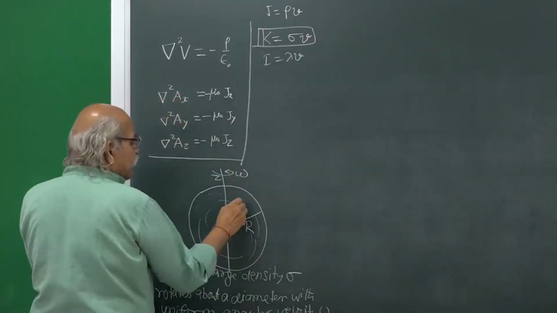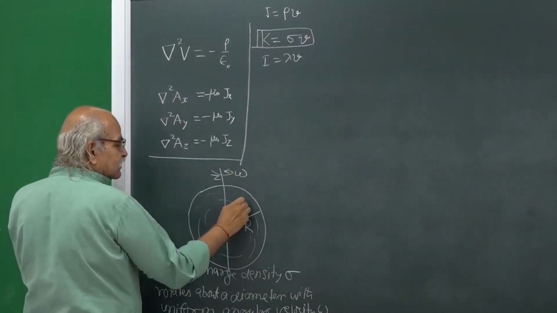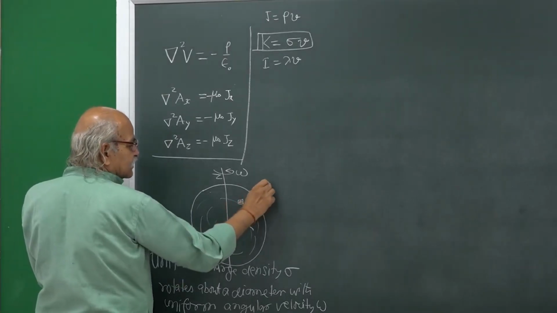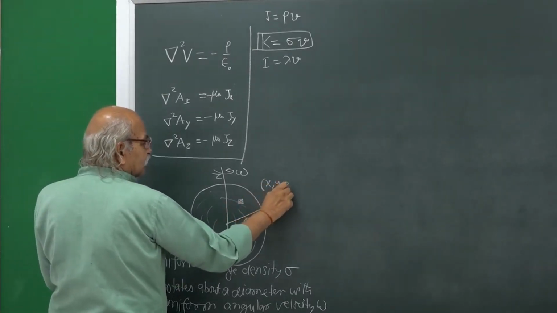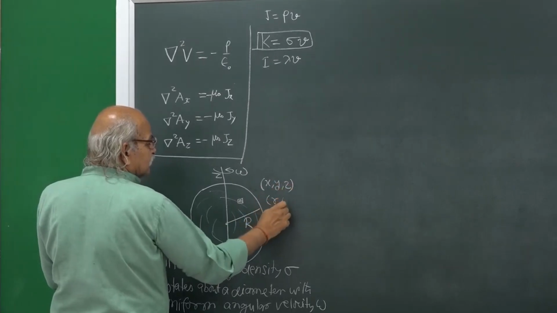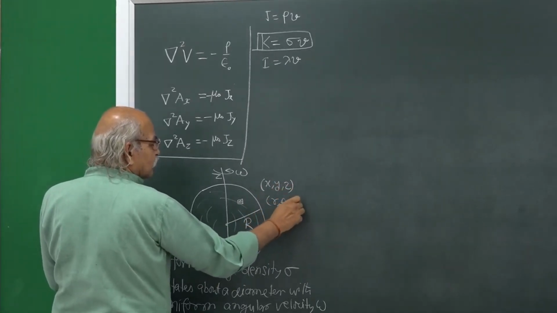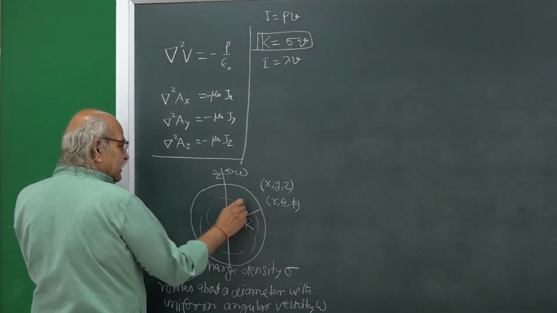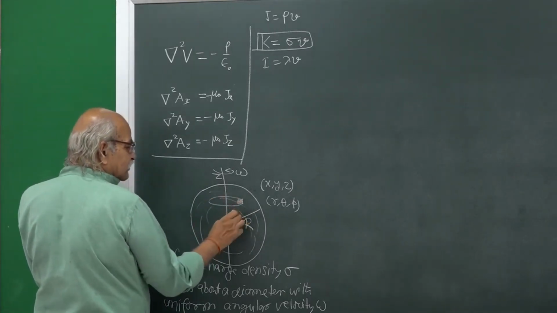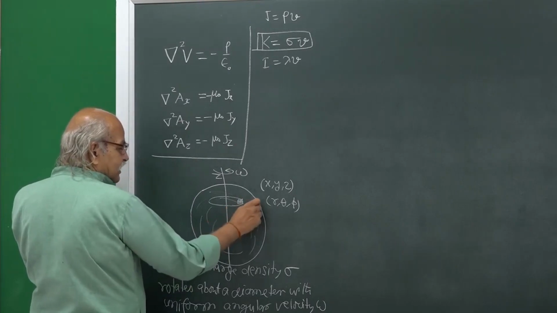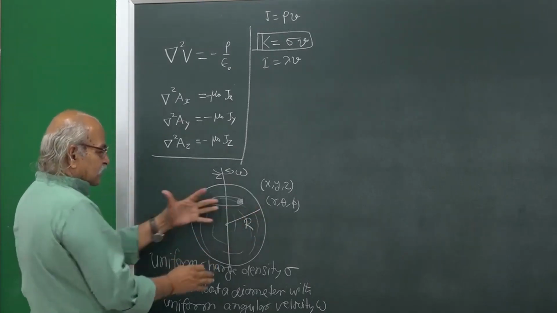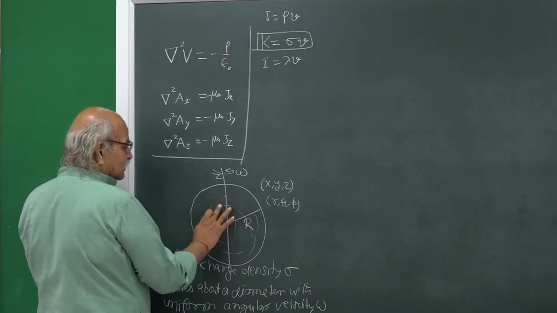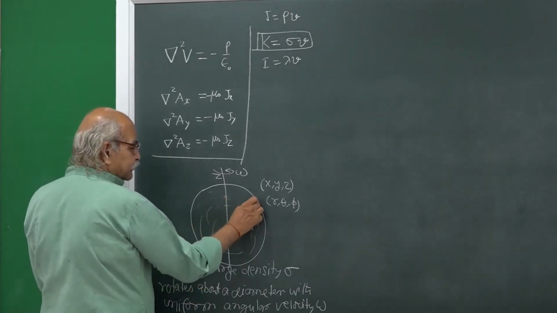So, if I take a point here on the surface, and then this is x, y, z, or it is r, theta, phi in spherical polar coordinates, and then this will be going in a circle of certain radius. I can take this point as well on the board. So, this is a surface point. So, this is also a surface point. So, let us do it, geometry will be easy.